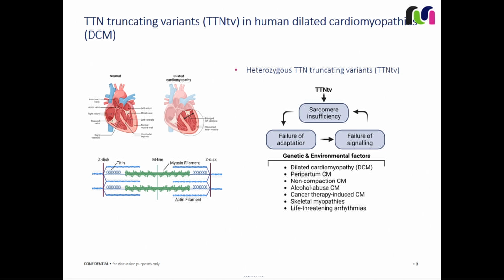We have a number of skeletal myopathies, which also give rise to cardiac defects. And very interestingly, we also have chronic cardiac arrhythmias, where TTNtv is a risk factor. So this is very interesting because titin is a sarcomere protein and is not an ion channel or so, but this is work in progress.